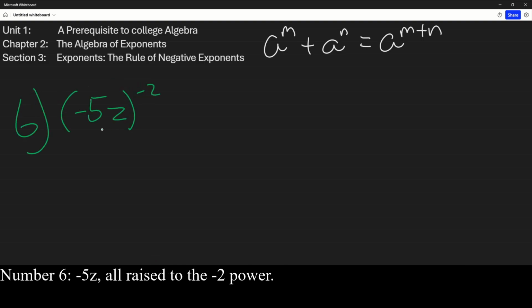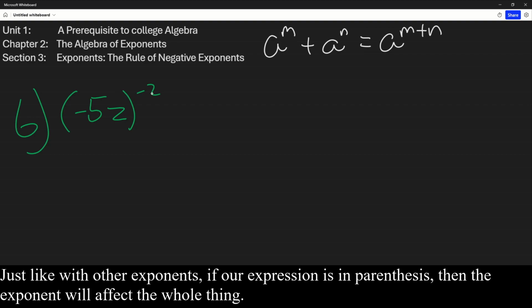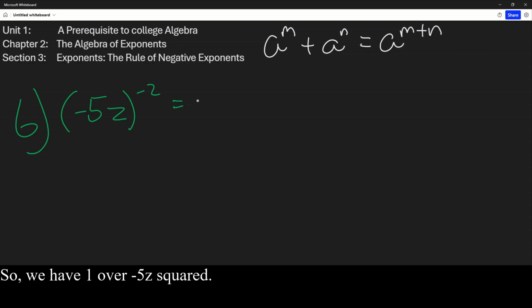Number 6, negative 5z all raised to the negative 2 power. Just like with other exponents, if our expression is in parentheses, then the exponent will affect the whole thing. So we have 1 over negative 5z all squared.